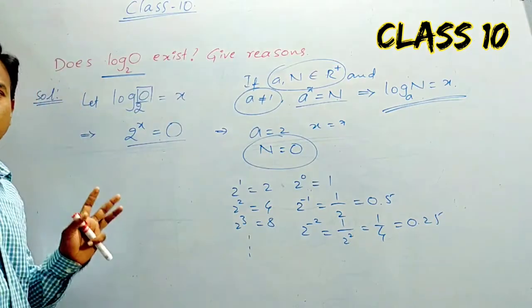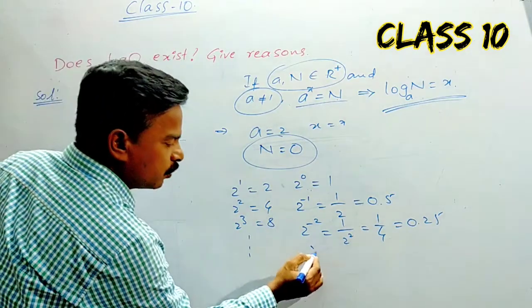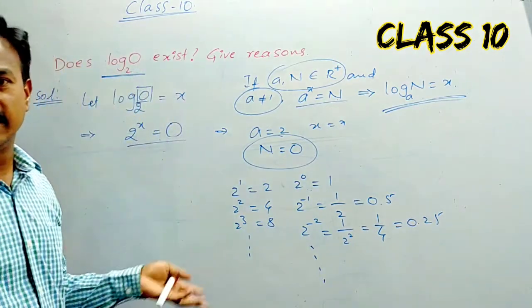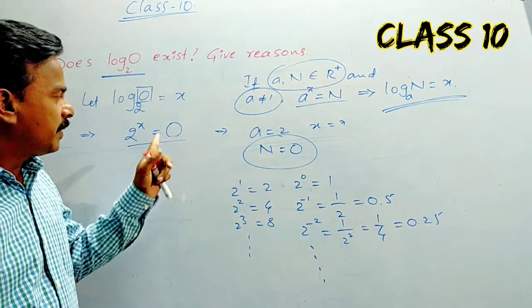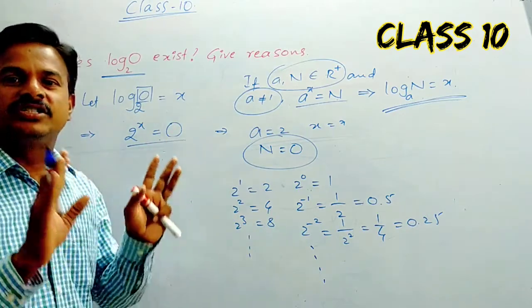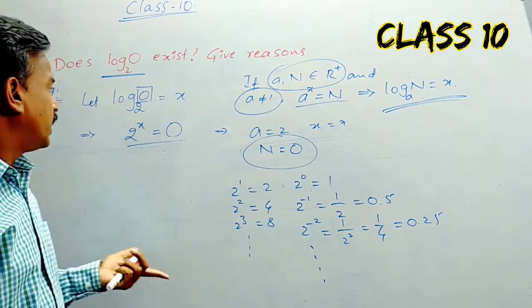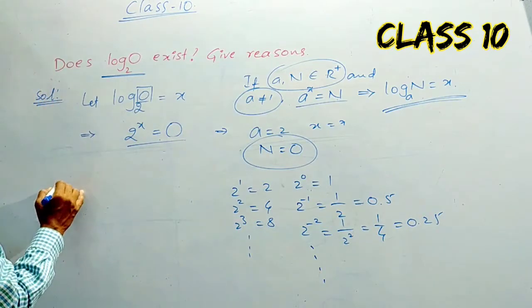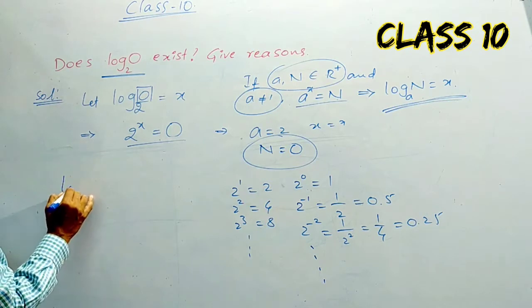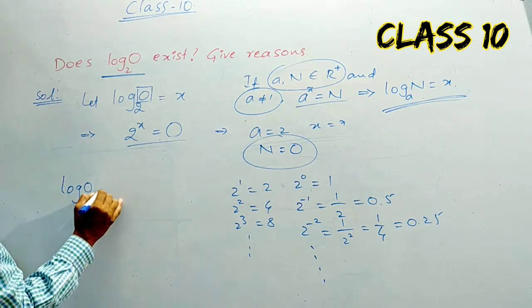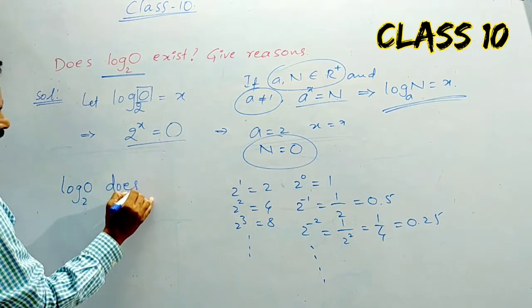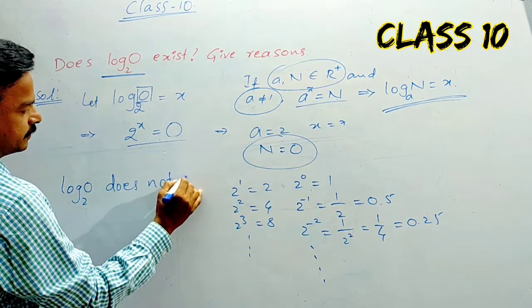It is not equal to 0. And you take any negative integer also in place of x, we can't get 0 as the value of 2 to the power of x. That is why we can say here log 0 base 2 does not exist.